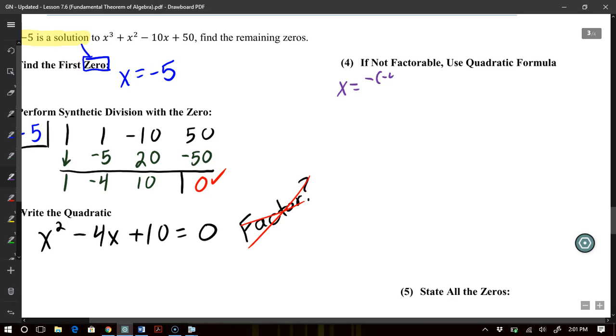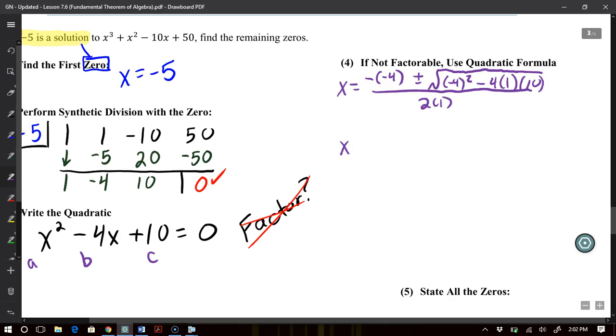So x equals the negative of -4, so it might be 4, plus or minus the square root of b squared, so -4 squared, minus 4 times my a, which in this case is the 1 in front of the x squared, times my c, which is 10, all over 2a, so 2 times 1.